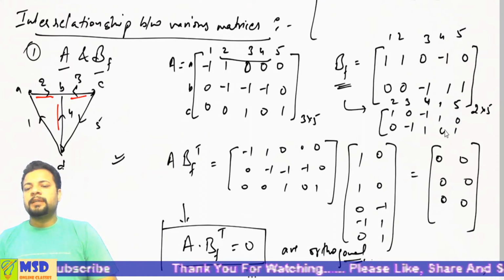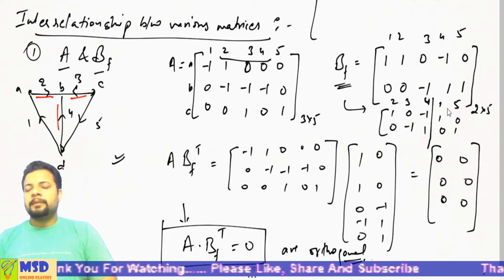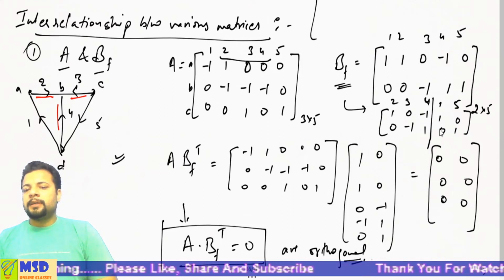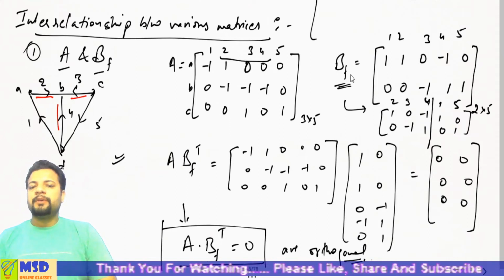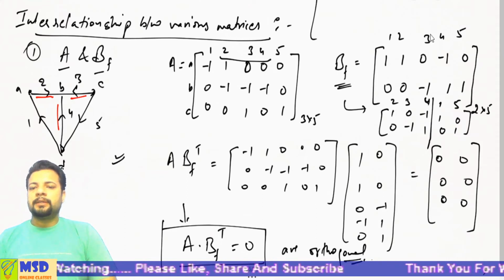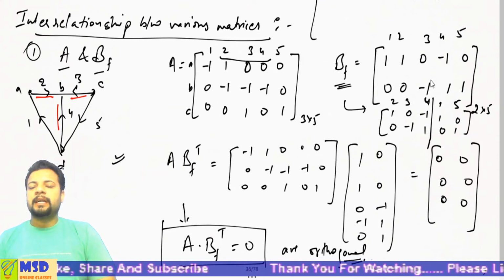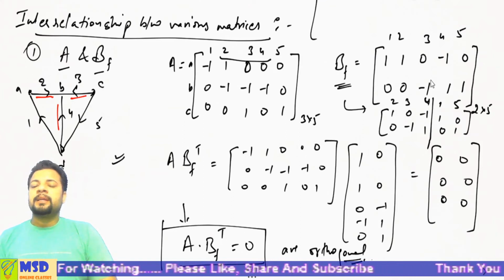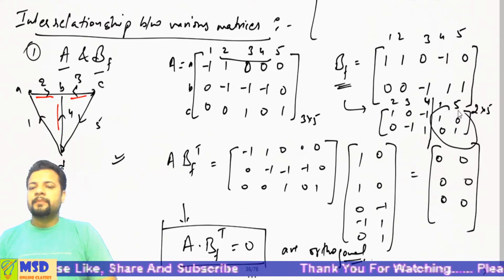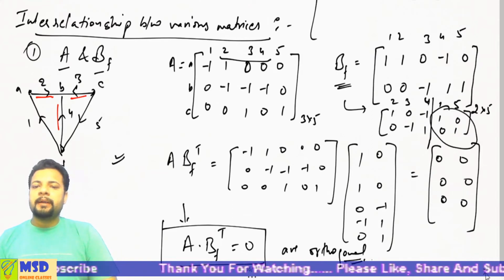What we observe here is that the columns of your matrix here is an identity matrix. So if you have rearranged your matrix in such a way that twigs are on the one side and links are on the other side, then the link side is your identity matrix.